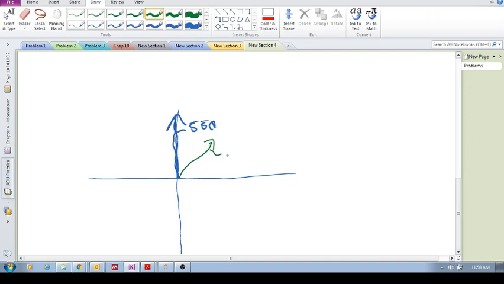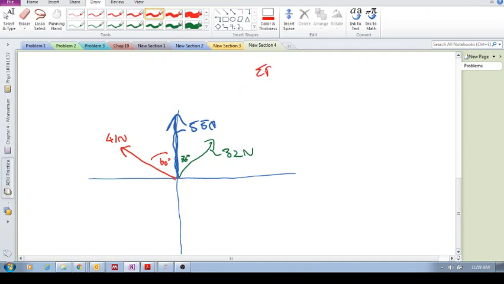That was 32, and that's 30 degrees. And then we also had this one, which was 41 newtons, 60 degrees.